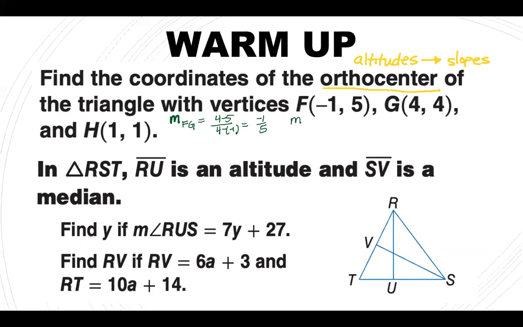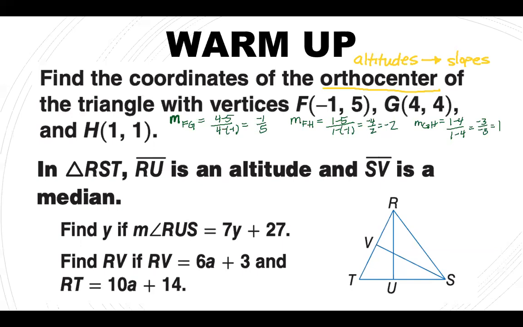Then the slope from F to H is going to be 1 minus 5 over 1 minus a -1. So that's going to be -4 over 2, which is -2. And then the slope from G to H is going to be 1 minus 4 over 1 minus 4, which is -3 over -3, which is 1.